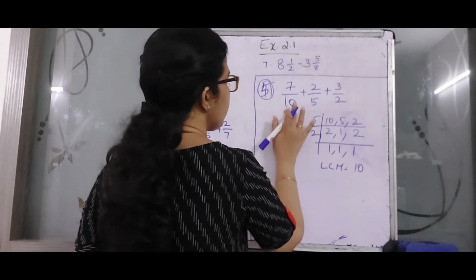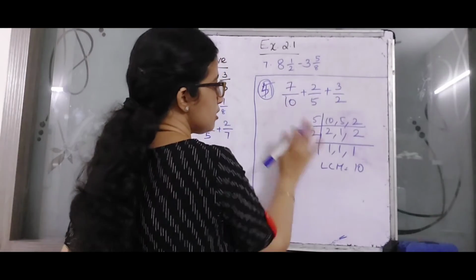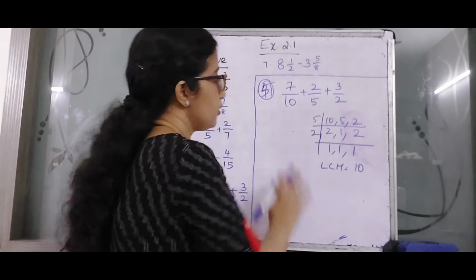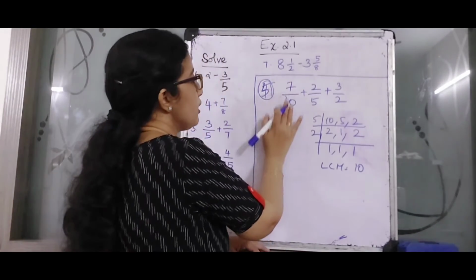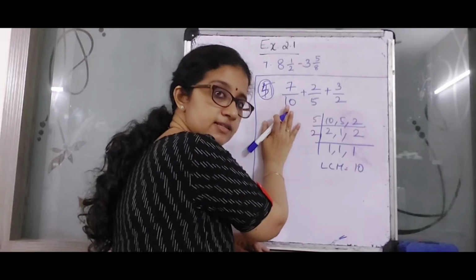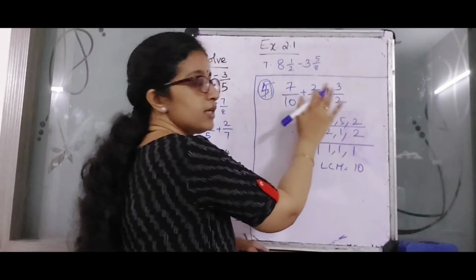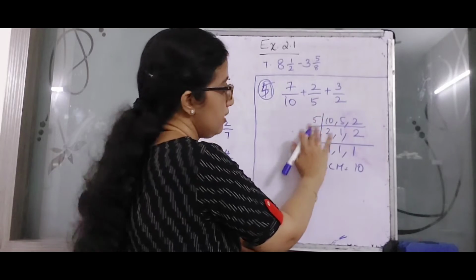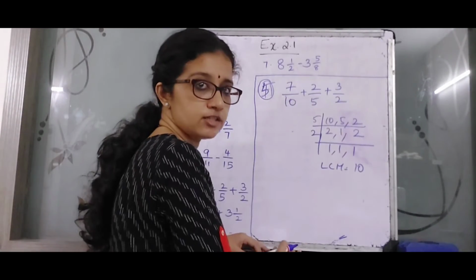Right? So now this first fraction, already the denominator we have 10, right? So we don't have to do anything to this first fraction because already they have given the denominator as 10. This second fraction and the third fraction, we have to convert the denominator into 10. Then only we can add the three fractions, right?